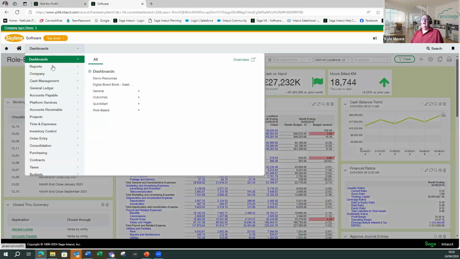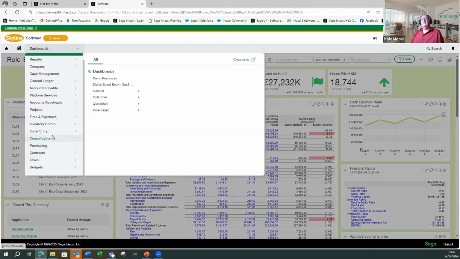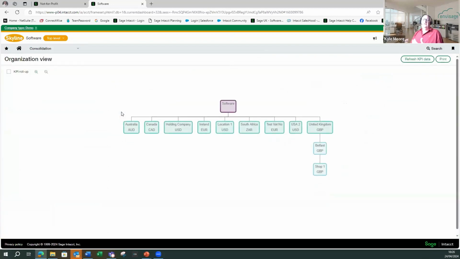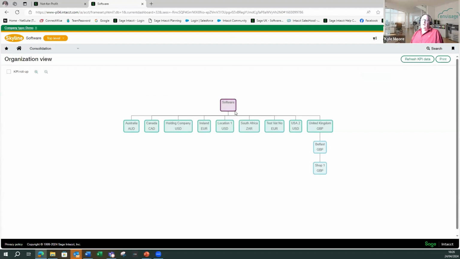So if I was to look at some of the consolidation here, give me a second just to grab that. So I look at my consolidation, I can show you my organizational view for this company. So we have the overall top level, and then we have different locations, and each location can have their own currency as well.